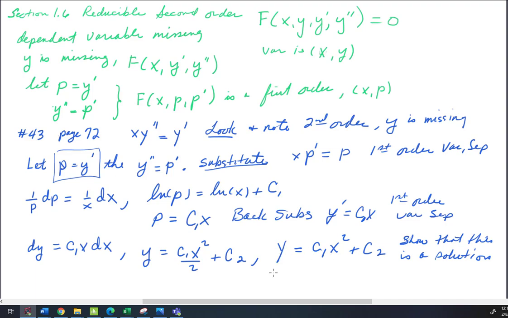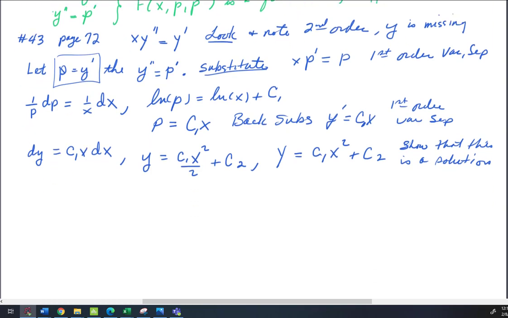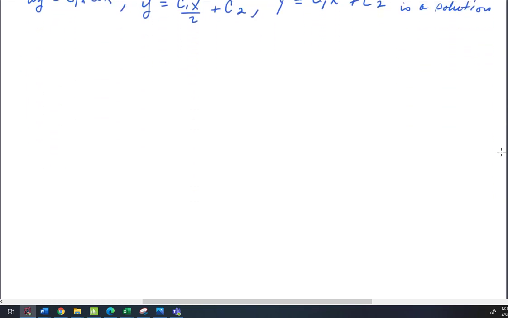And if you take the derivatives and find y prime and y double prime, and substitute in the original differential equation, you'll find that with arbitrary constants C1 and C2, this is a solution to the original differential equation. So that was, I guess, sort of as easy as advertised.